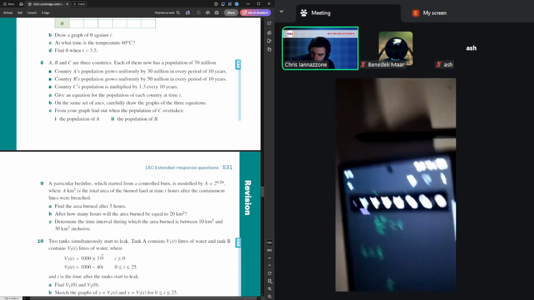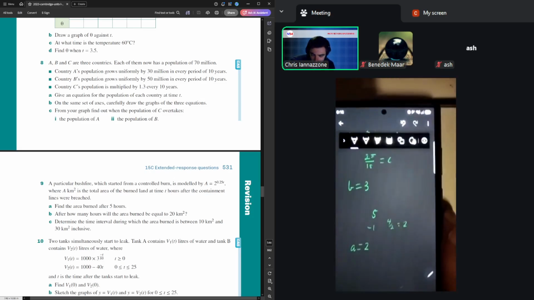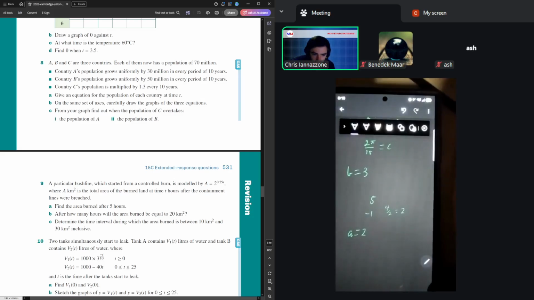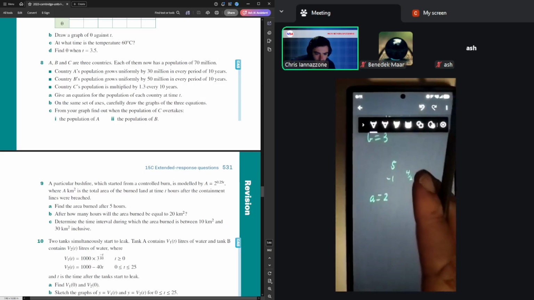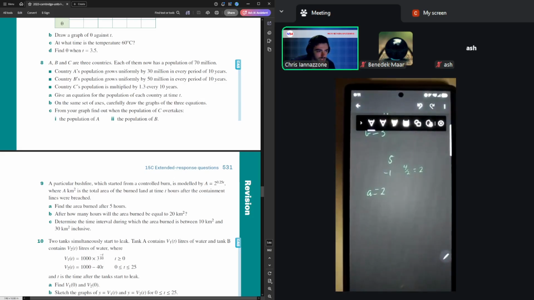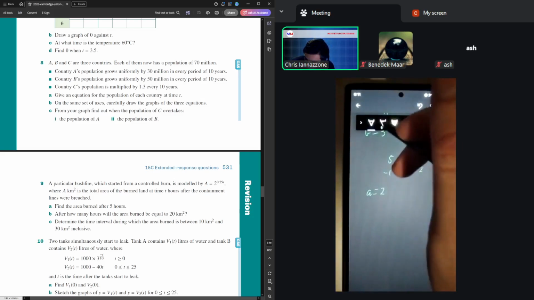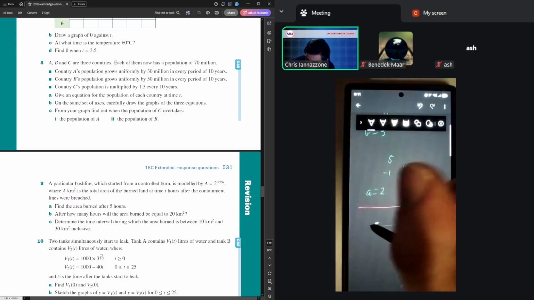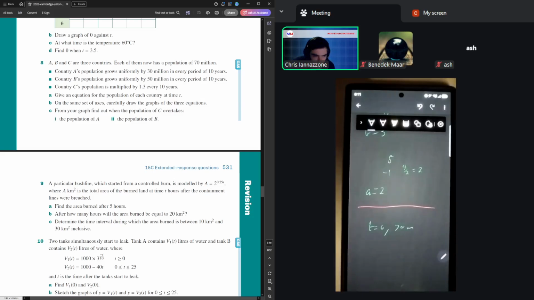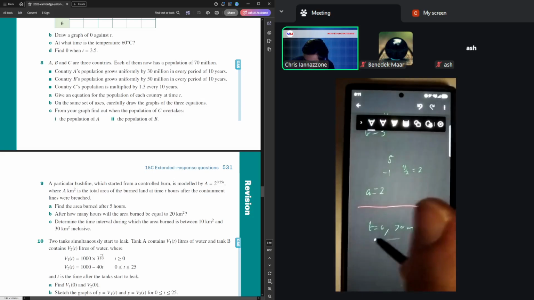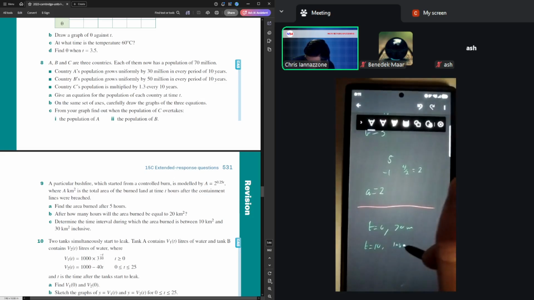Even just knowing that and working that out in your head gives you an idea of what the rule could be. You don't even have to have an idea of the rule. You could just have a bunch of data points. At time t equals 0, you have 70 million. At time t equals 10, you have 100 million.